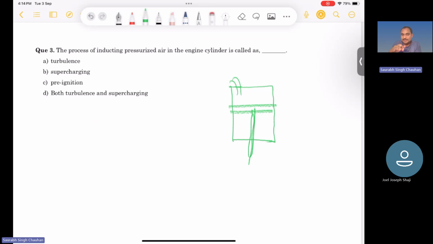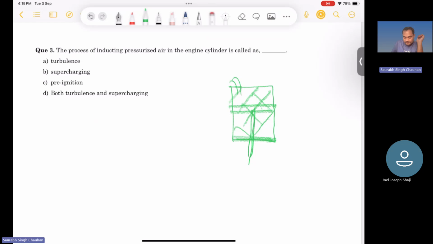So it is reducing the pressure inside the cylinder, and the pressure outside the cylinder is atmospheric pressure. When the pressure inside the cylinder becomes lower than the atmospheric pressure, the air comes inside. And when the piston is at BDC, the cylinder is completely filled with air.